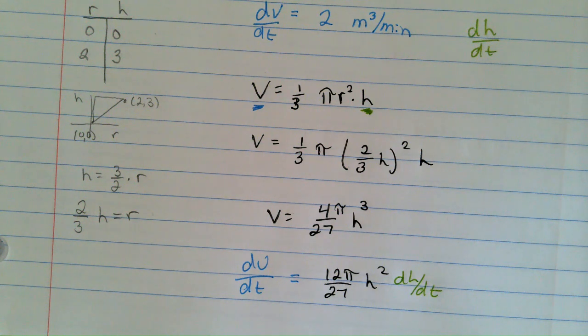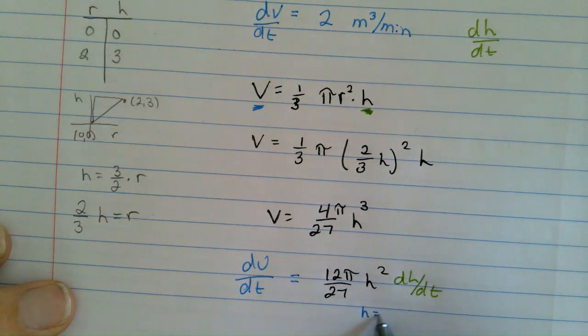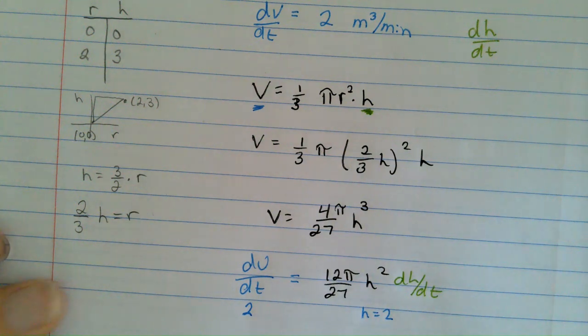Okay, well, we have the information. What are we going to do with it? Find the rate at which the water level is rising when the water is 2 meters deep. So the height is 2. So they tell us this is 2. And we know the water's coming in at 2 cubic meters per minute, right?